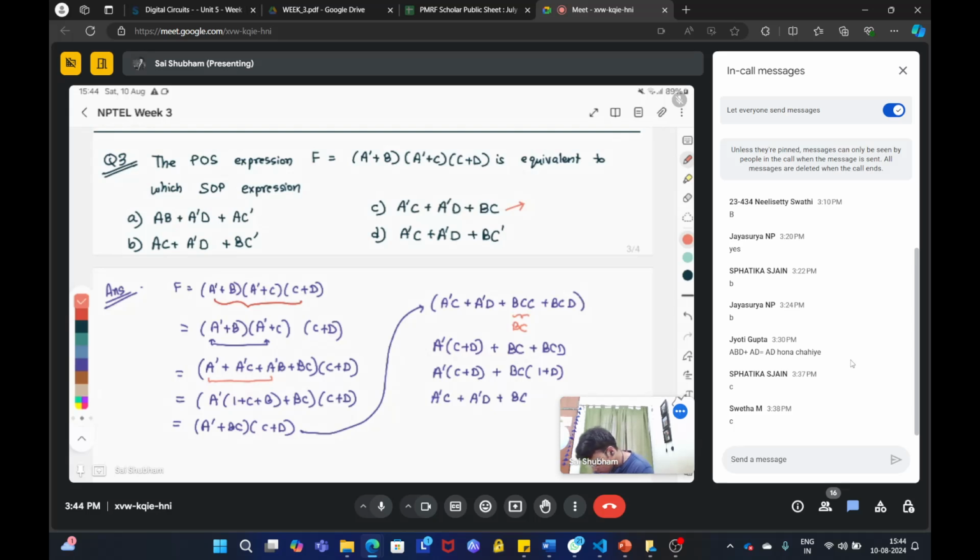The reason I was saying that there is no need to solve the question is that, as you can see, any option having a signal A. So this is my question, right? And as you can see, there is no A signal.